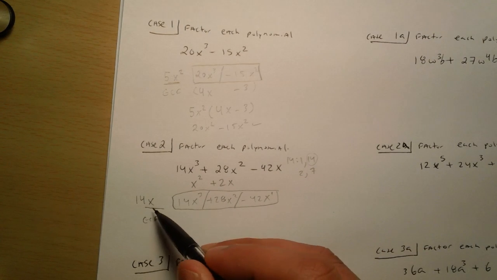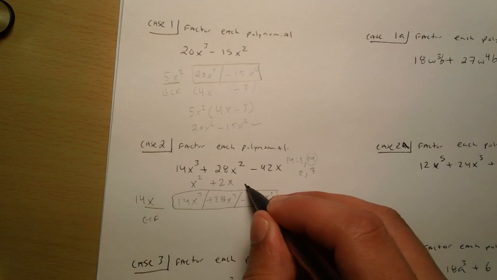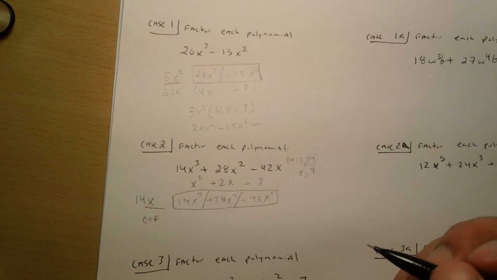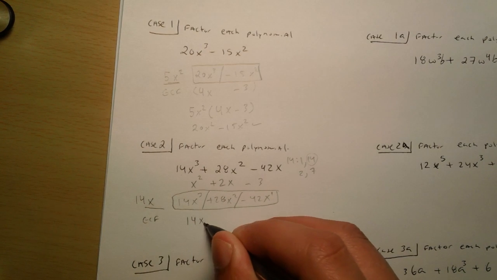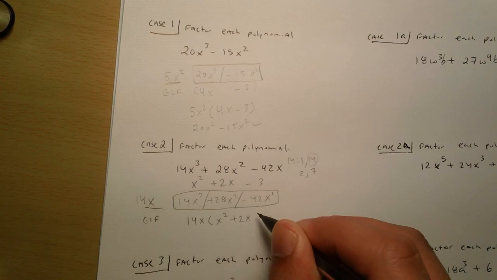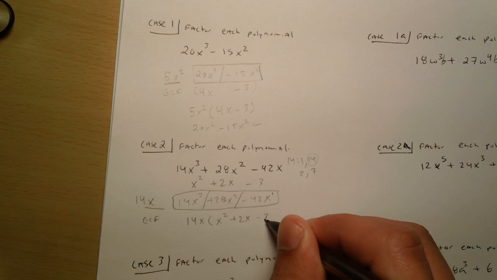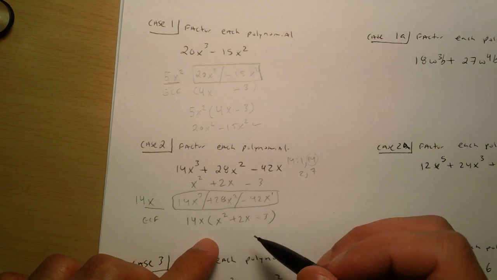Now 14x times what gives you negative 42x? It should be a negative 3. So final answer in this case, 14x times x squared plus 2x minus 3. And that's our factored out polynomial for this case.